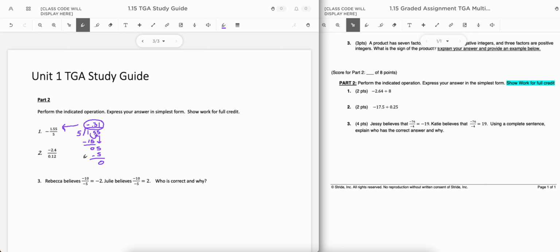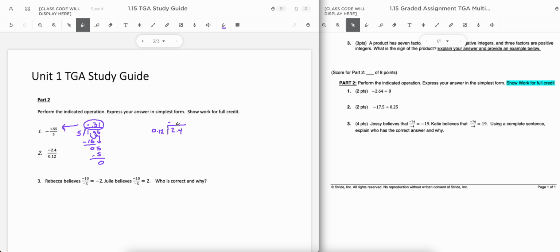Okay, number 2, I'm going to do number 2 over here. Again, we have a negative divided by a positive. We know our answer is negative. So I'm going to go ahead at the top and write my negative sign. And we have 2.4 underneath and 0.12 on the outside.